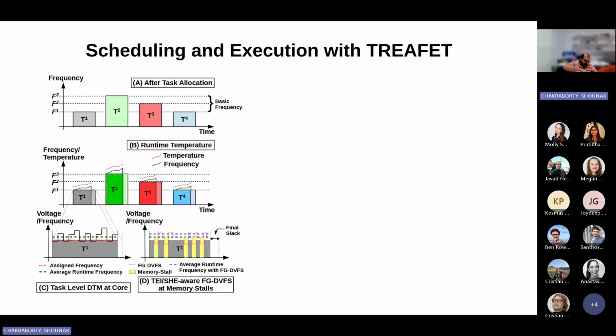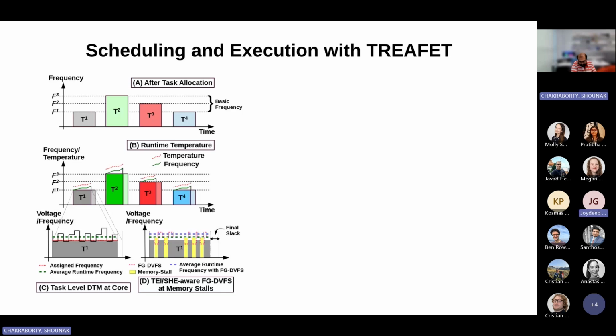Once your memory stall is done, your requested data has come back from the main memory, and your core needs to operate at the assigned frequency level. At that time you can spike your frequency to the next higher level or some turbo level just for a while.